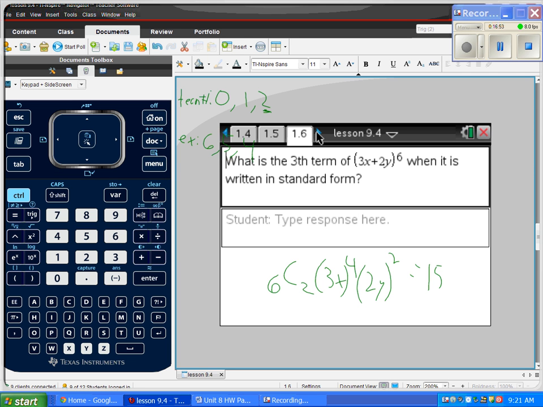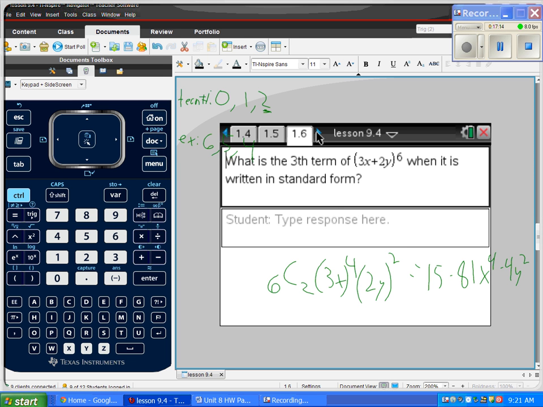Okay. 3x to the 4th is what? 81x to the 4th. Remember, exponents don't mean multiply. They mean multiply 3 times 3 times 3 times 3. And 2y squared is? Yeah, 4y squared.